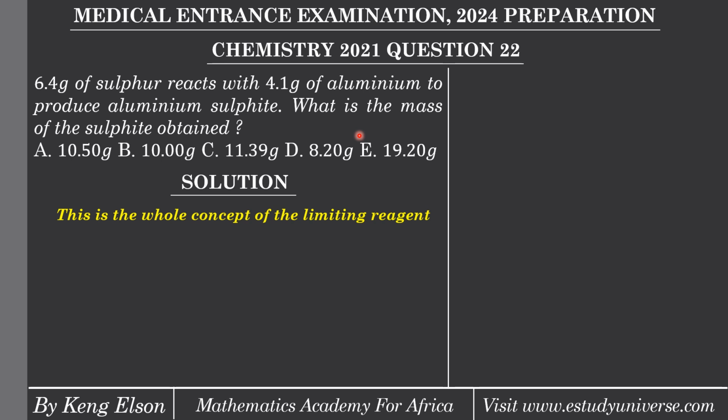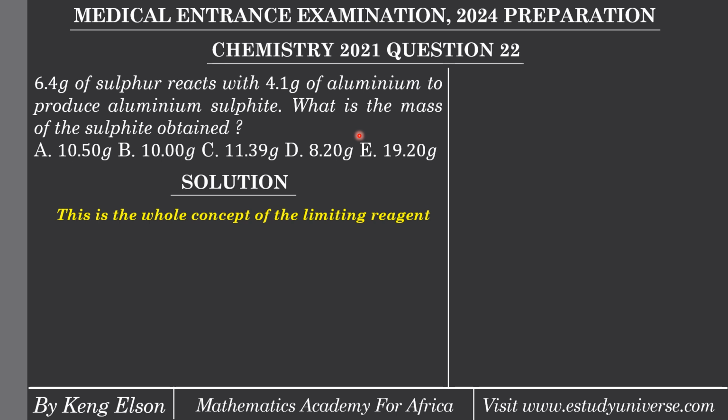So the objective is to get the limiting reagent, and that is a trap. If you fail to identify the limiting reagent, surely all the possible responses you are going to have will be part of the answers. We are going to see that as we proceed.